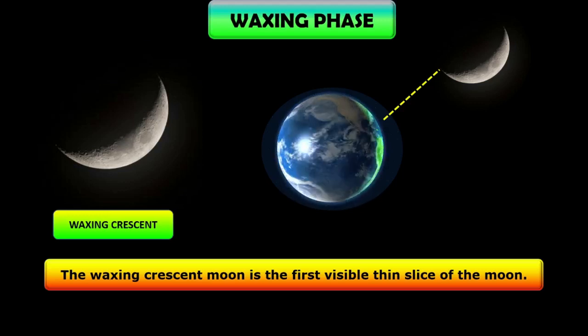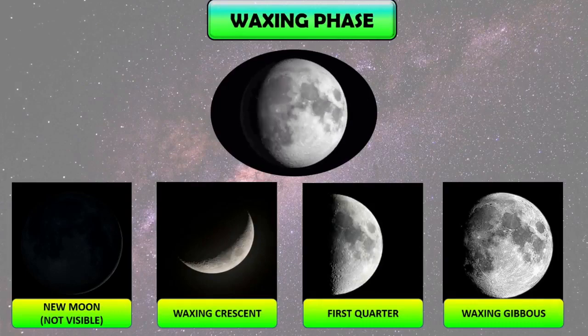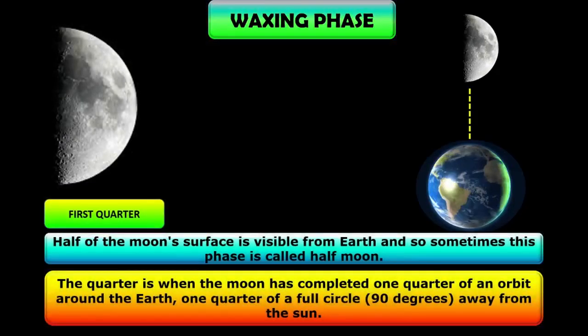So here the third phase is the first quarter. The first quarter moon is sometimes also called the half moon because it appears to us that half of the moon is illuminated, but it's called first quarter because the moon is 1/4 way of its cycle.